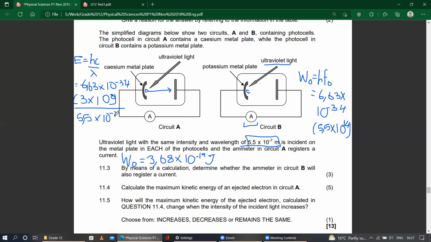So you can just quickly put that in your calculator. 6.63 times 3 times 10 to the exponent 8. All that divided by 5.5 times 10 to the exponent -7.